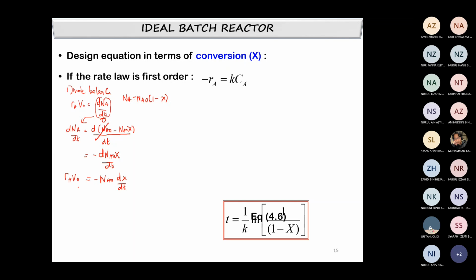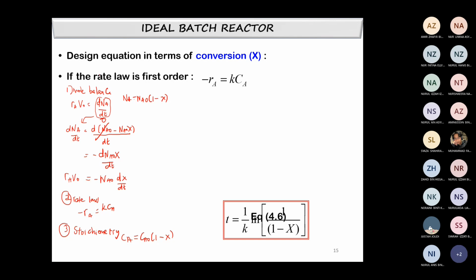Okay, so the rate law, just follow the steps, is negative RA is equal to KCA. Then the third one, remember, is stoichiometry. So the stoichiometry would be CA is equal to CA0 times 1 minus X. Sorry, let me drink some water.